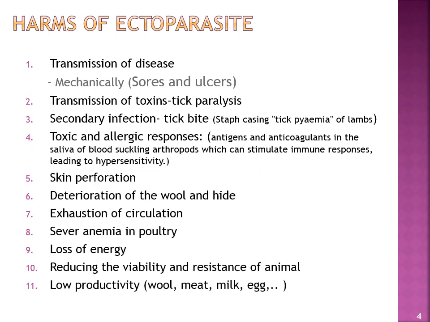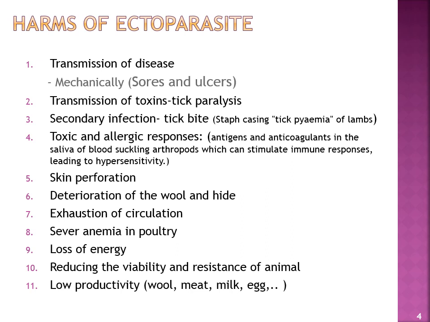Usually, the skin gets infected and this causes skin perforation. The skin perforation usually causes deterioration of the wool and hide, which leads to low productivity of the animal, including even the hide, meat, milk, or egg production.